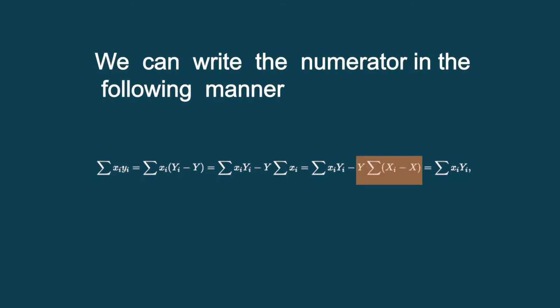So from here we can see that any value, if its deviation is taken from its mean, will end up being 0. That means the second component does not exist at all. This is absolutely equal to 0. Only the first component is retained, which is summation of small xi capital Yi, and that is substituted in the numerator.